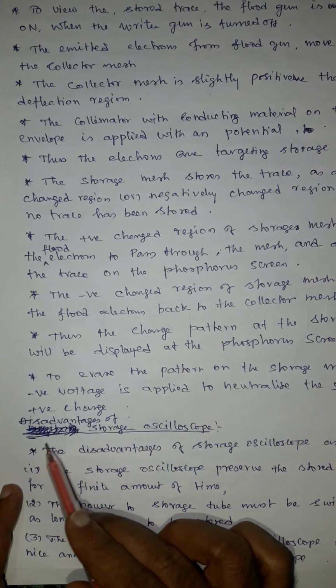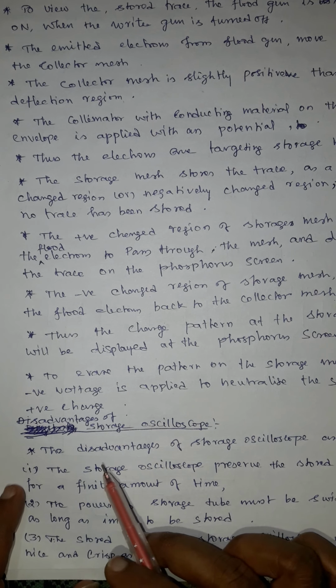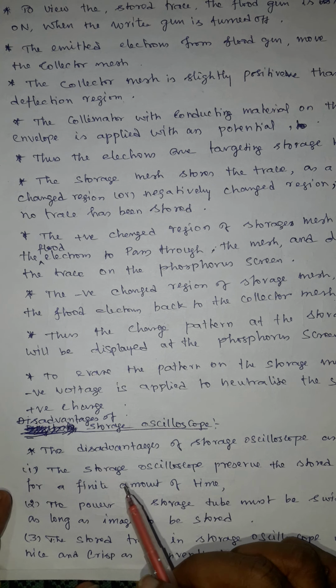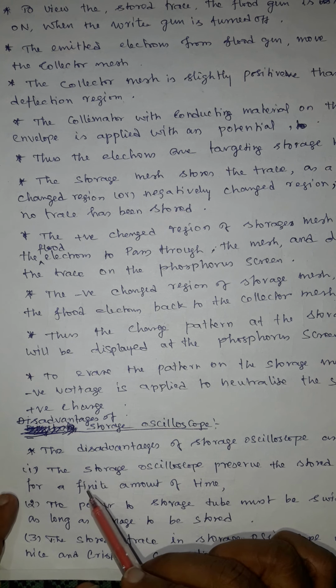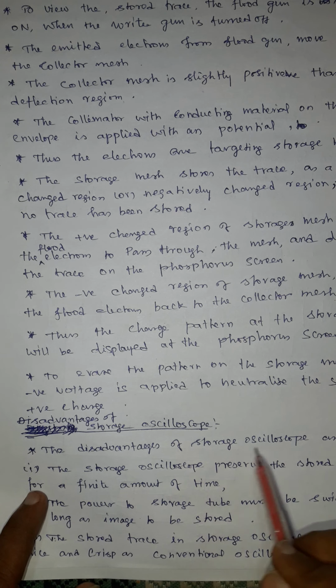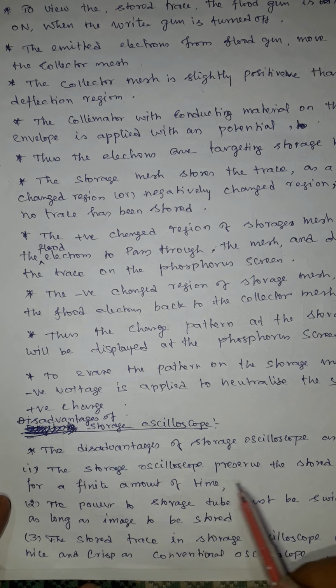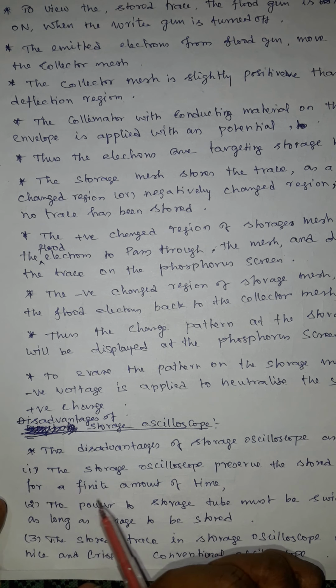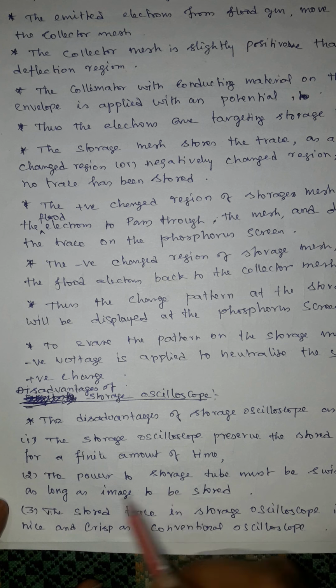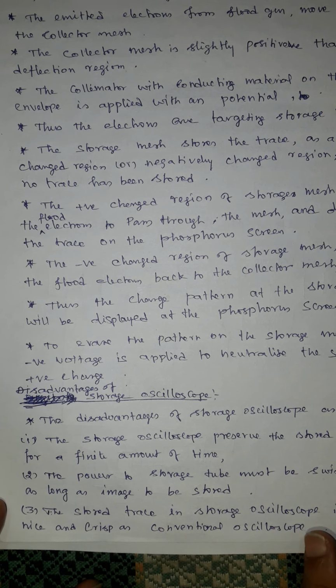Now the disadvantages of the storage oscilloscope are as follows. The storage oscilloscope preserves the stored waveform for a finite amount of time. The power to the storage tube must be switched on as long as the image is to be stored.